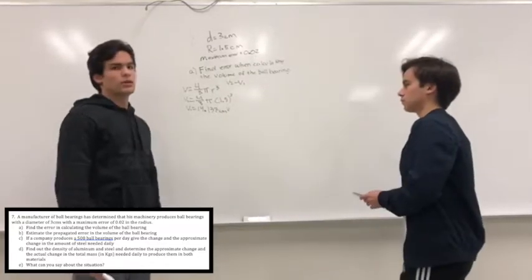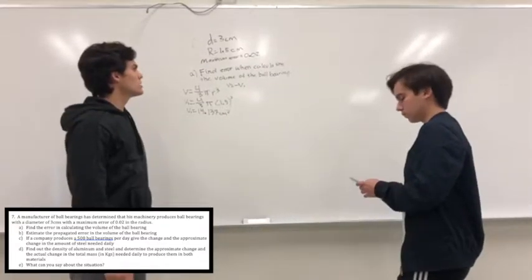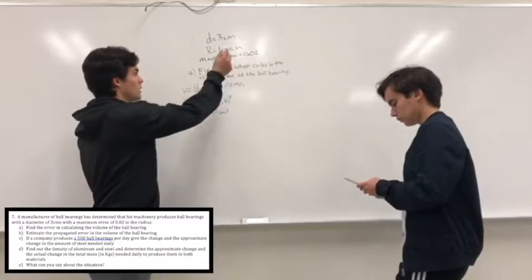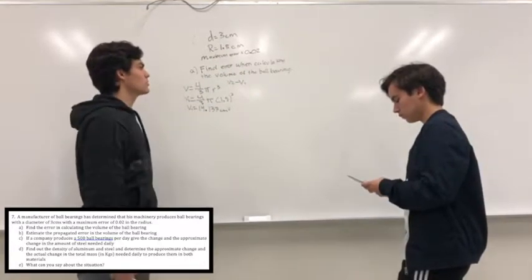And after that, we need to find volume 2, which is putting the maximum error into the radius.